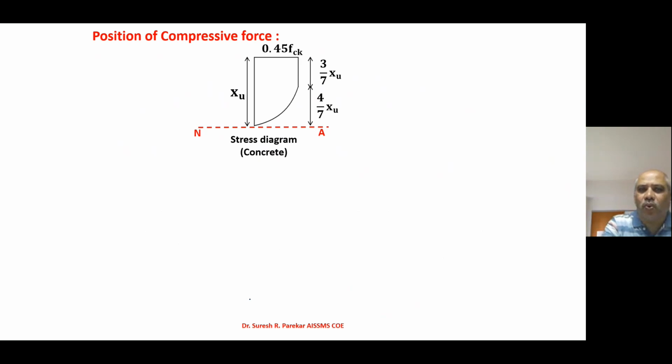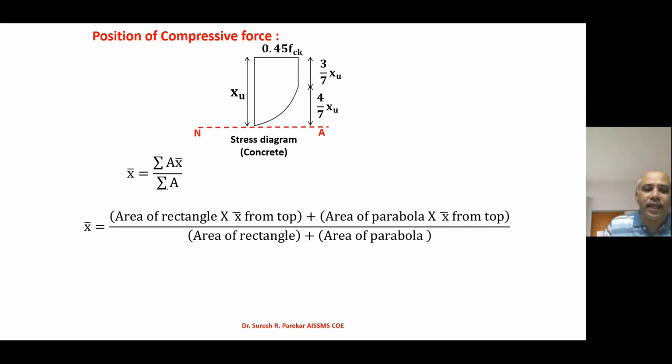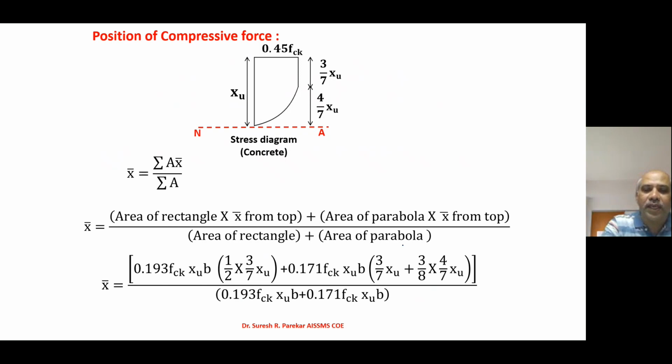Then we will go to the position of the compressive force. These two parameters we require when we talk about stress block parameters. So we are interested in finding the position of this C, and then we have x bar equals summation A x bar upon summation A: area of rectangle into x bar from top plus area of parabola into x bar from top, upon area of rectangle plus parabola. This we have already seen, which is 0.36 fck xu into b.